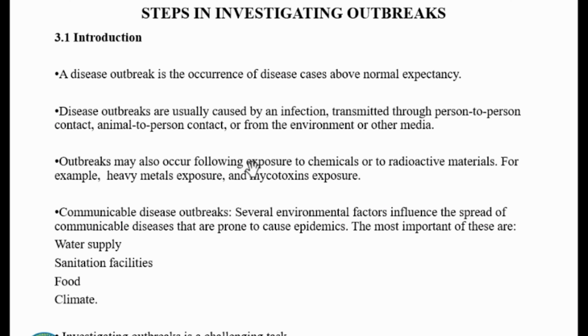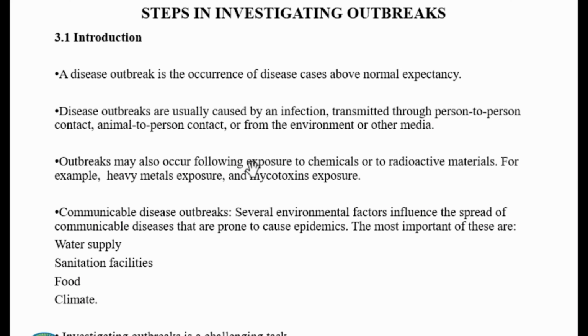Disease outbreaks are usually caused by an infection transmitted through person-to-person contact, animal-to-person contact, or from the environment or other media. Outbreaks may also occur following exposure to chemicals or to radioactive materials, for example heavy metals exposure and mycotoxins exposure.